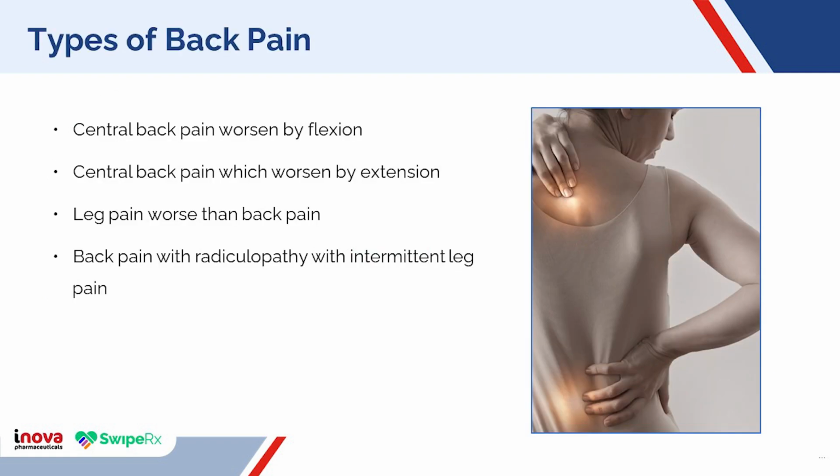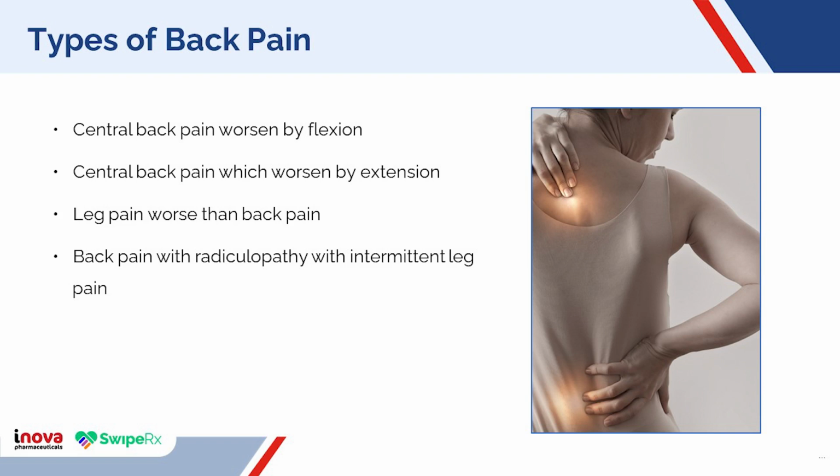There is a majority that we could generally take for all patients of back pain, but we can individualize them into 4 types of back pain. We will be using these 4 types to deal with management later. First, central back pain that is worsened on flexion, that means flexing the spine. There is also central back pain that worsens when the patient extends his back, and this is usually due to old age or osteoarthritis of the facet joint.